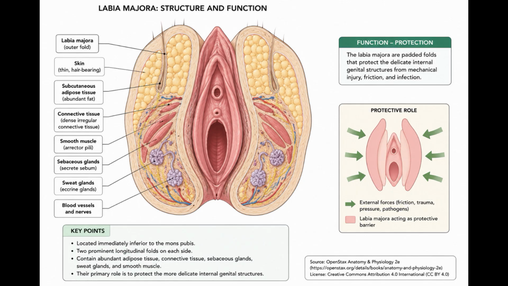Immediately inferior to the mons pubis are two prominent longitudinal skin folds, known as the labia majora. These are the outer folds of the vulva and contain abundant adipose tissue, connective tissue, sebaceous glands, sweat glands, and smooth muscle. Their primary role is to protect the more delicate internal genital structures.